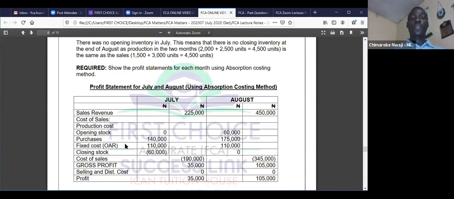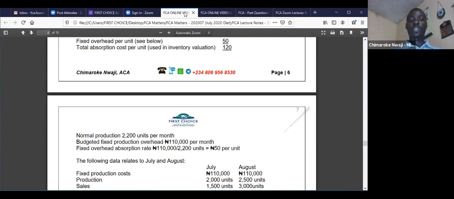Now, your fixed overhead absorbed using the OAR is 110. So we've done it here, 50 naira per unit. So what are you going to do? You will say 50 naira multiplied by 2,000 units, because 2,000 units is what is produced.